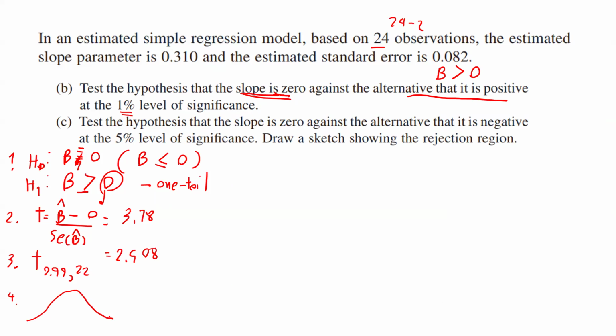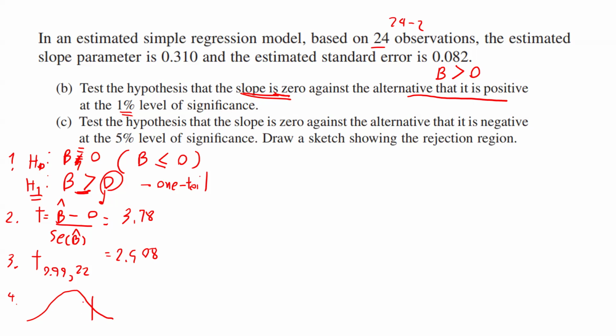Greater is on the right. It depends on H1 for the fourth step. Greater on the right, but if lesser than, you have to put the rejection region on the left.